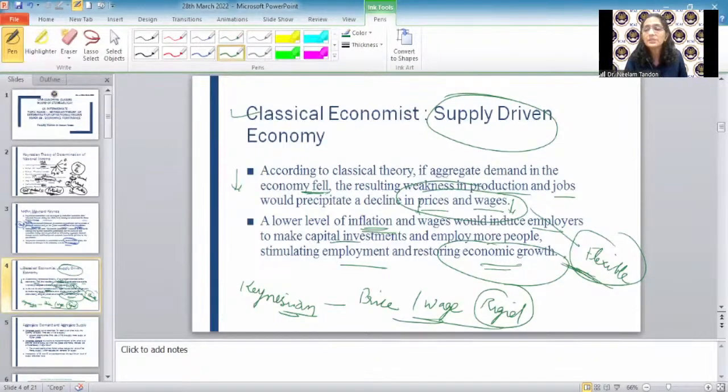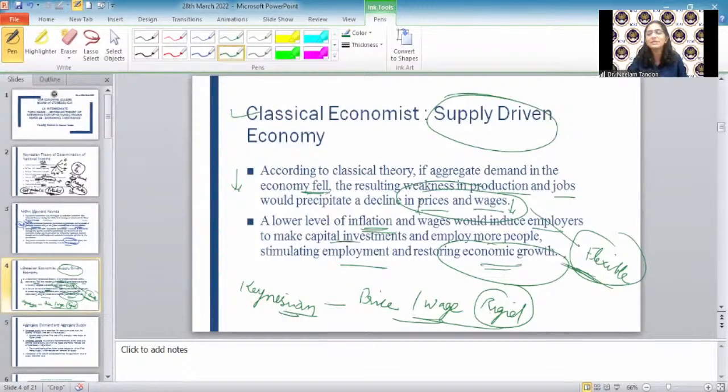If prices and wages are rigid, then the government has to intervene, because classical economists said if prices and wages are flexible and the economy is in a downturn, people will reduce the number of employees, reduce salaries, reduce prices, and the economy will be back on track. And vice versa. If the economy is on an upturn at a very fast pace, prices will go up, wages will go up, cost will go up.